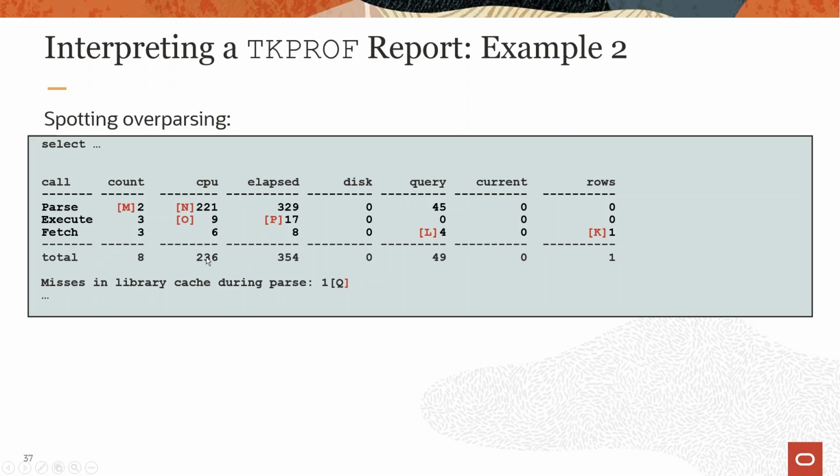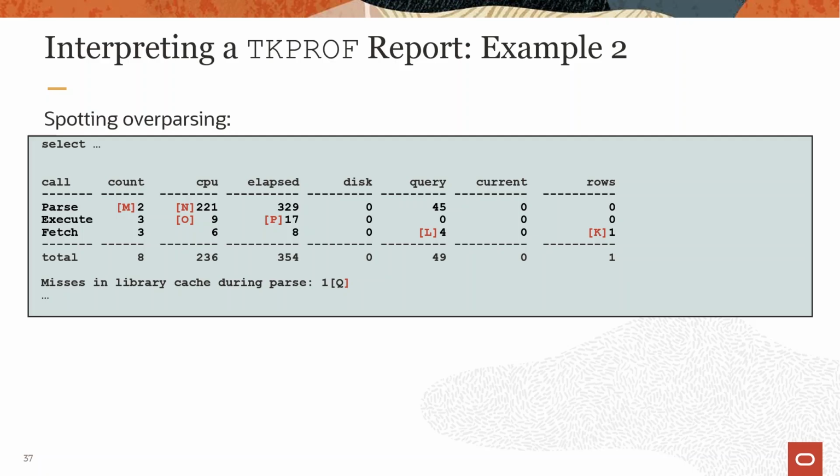Also, what you're seeing is that the total elapsed time is 354 seconds. Total CPU time is 230 seconds. But you see that the majority of CPU time and the majority of the elapsed time was spent on parsing. If you compare that to a total execution time in elapsed time of 17 seconds.